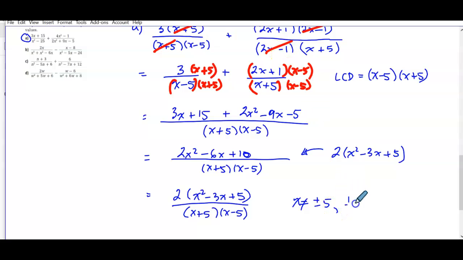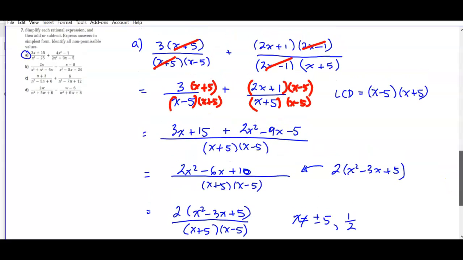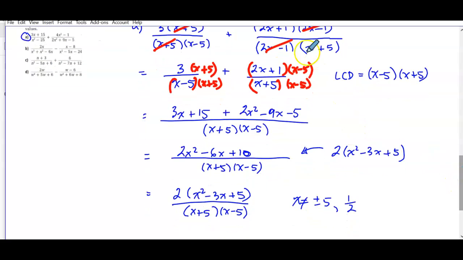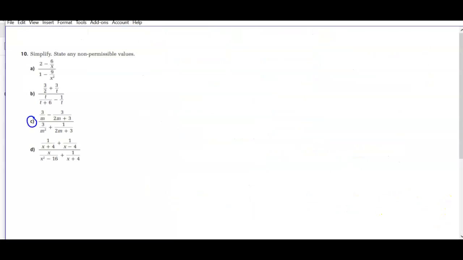So also 1/2. Okay, so these questions in this number 7, really you have to factor all numerators and denominators if you can, then find your common denominator as from the simplified form. Okay, so that's that type of question.